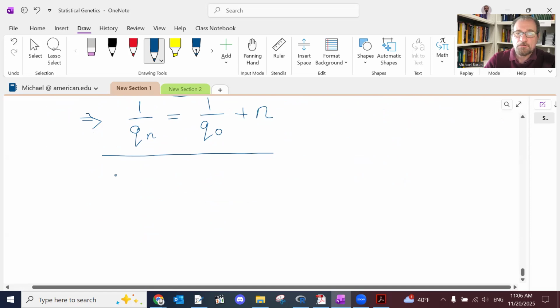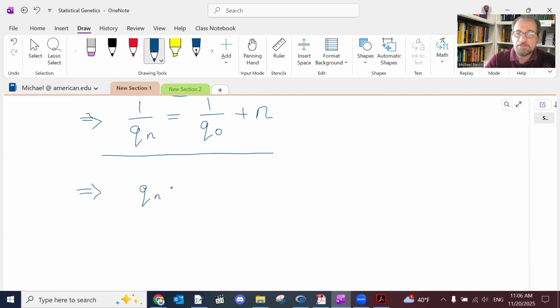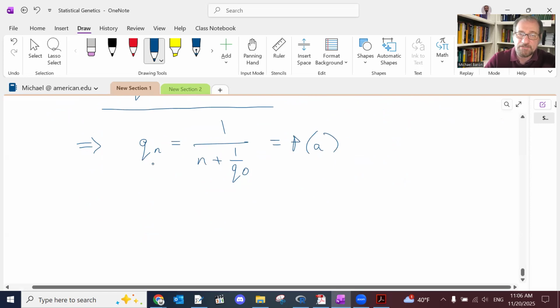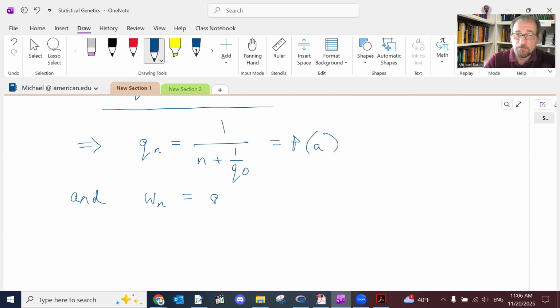And therefore, if we want the proportion of recessive genes, we take the reciprocal of that: 1 over n plus 1 over q0. That's the proportion of recessive genes. The proportion of recessive genotypes is qn squared, so 1 over n plus 1 over q0, squared.